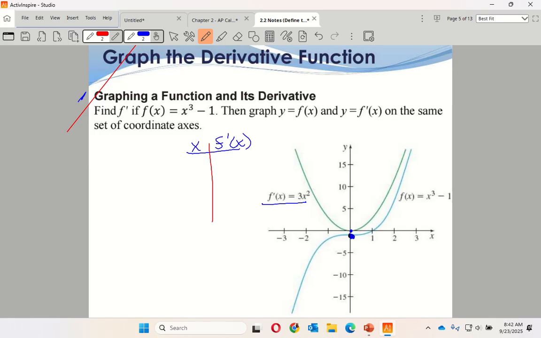When x is 0, my slope is 0. So it's touching right here on the y-axis, right? Yes?